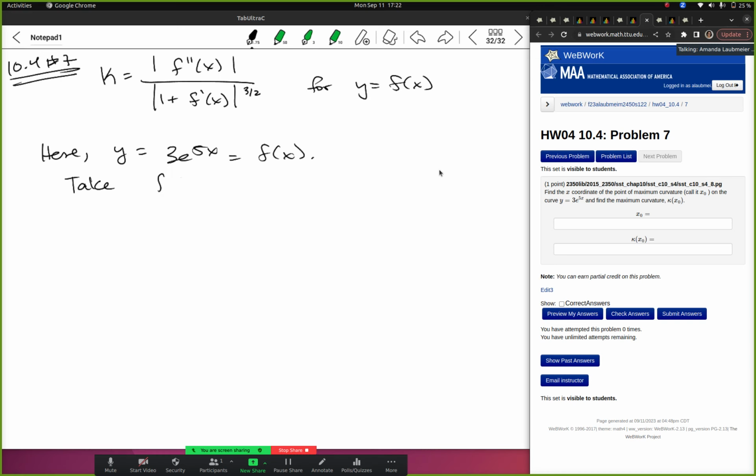We would take f prime, which is just y prime, so the derivative of that exponential: 5 comes out front times 3 e to the 5x. And f double prime is just the second derivative of that y, which I think is 75 e to the 5x, but I'm not 100% sure about that multiplication.